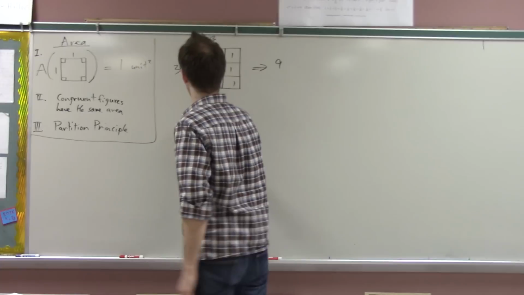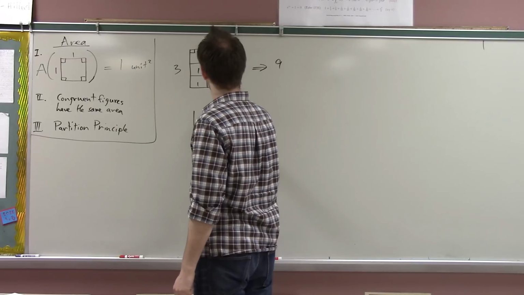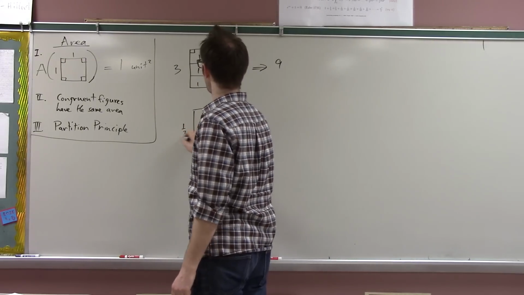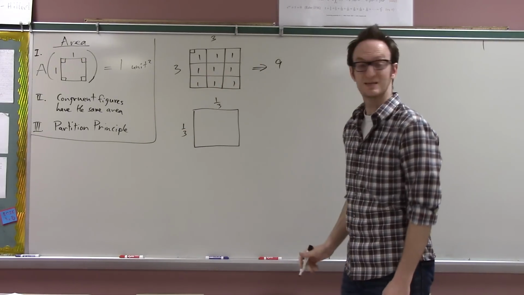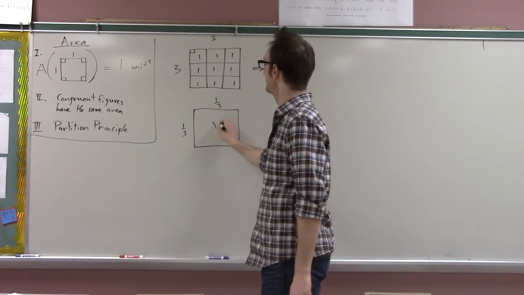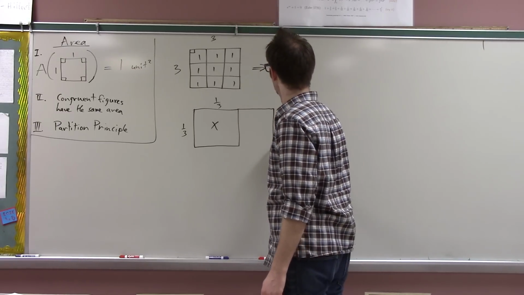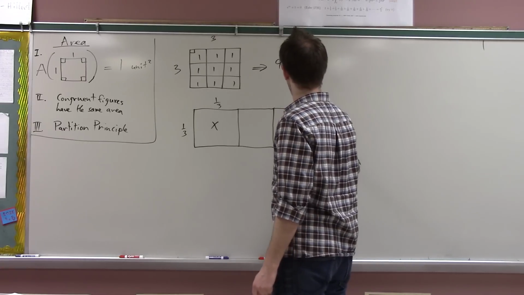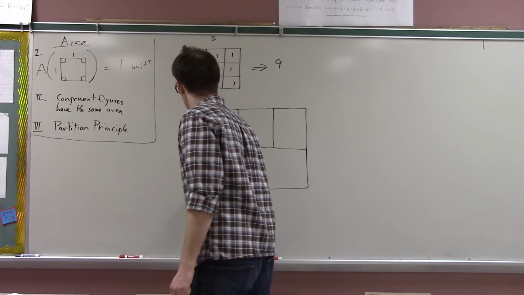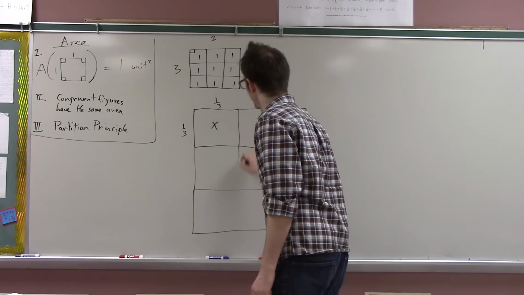What if instead I have a square with side length 1/3? This seems a little bit harder, but no, it isn't. What I can do is, well, I'll temporarily call this thing x, and now I will expand. Should have made this picture a lot smaller, I realize now. But it will be nice and beautiful.